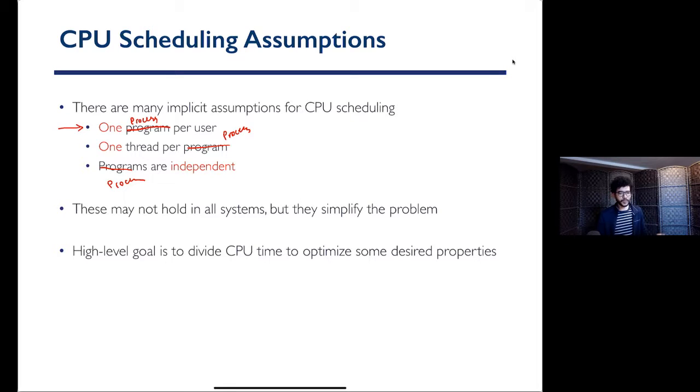If you're now writing a scheduler for, let's say, user-managed multi-threading, then you probably want to be just fair among threads. Again, we're not going to go to the details of these, but they become important in different systems. For these lectures, we're going to assume that there is just a one-to-one-to-one relationship.